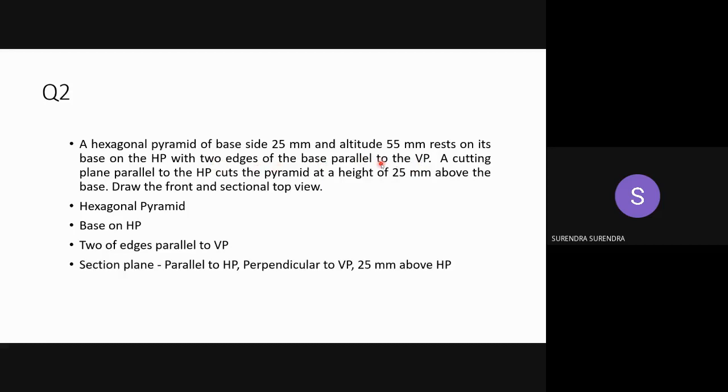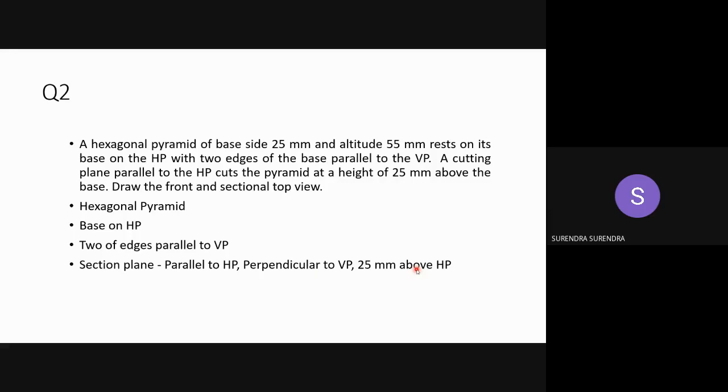And coming to the section plane, parallel to HP, perpendicular to VP and 25 mm above HP. Actually, the condition perpendicular to VP is not represented here. If you keep a plane parallel to HP, definitely it will be perpendicular to VP.